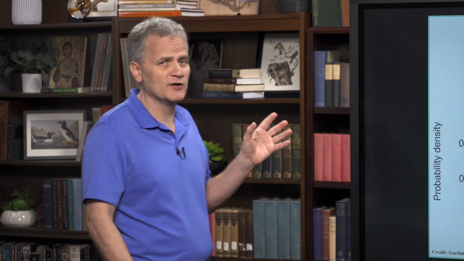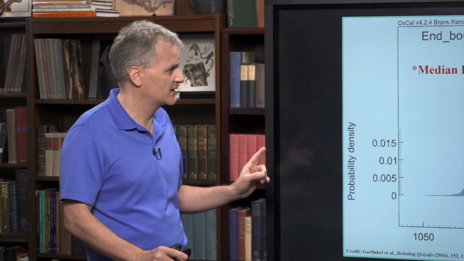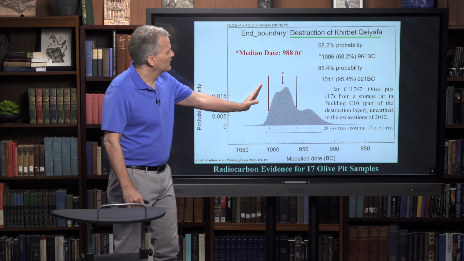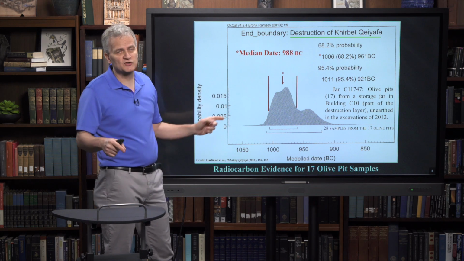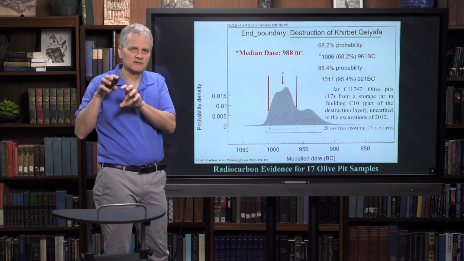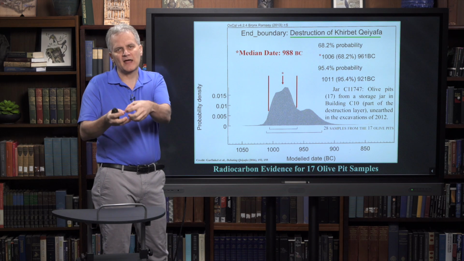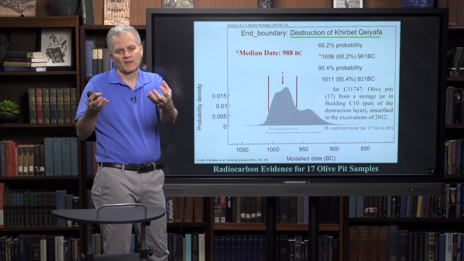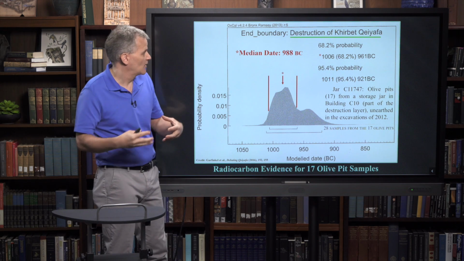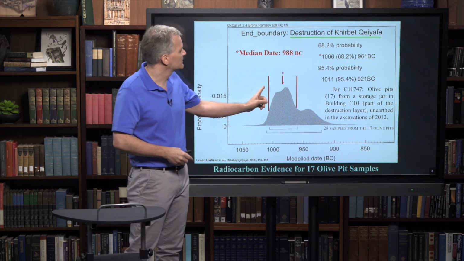So when we look at the radiocarbon evidence for the site of Khirbet Qeiyafa, here's what we see. We see that there's a median date with relation to the destruction, because the destruction point for that site is very clear and specific. And so some kind of organic life that had died was found at this point, and it's very datable, and these are seeds.